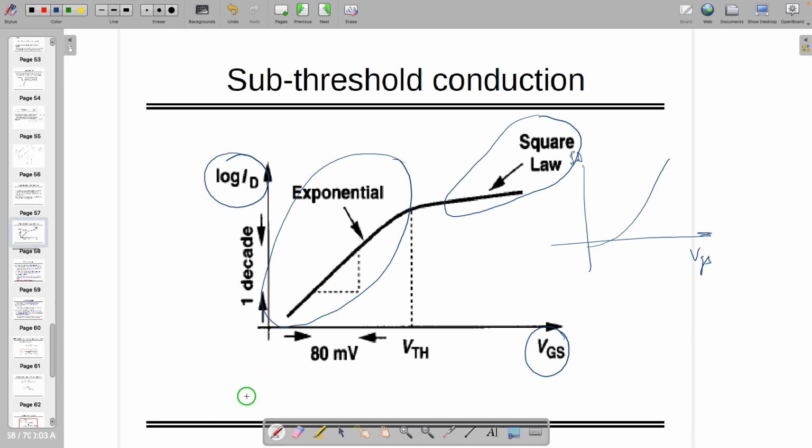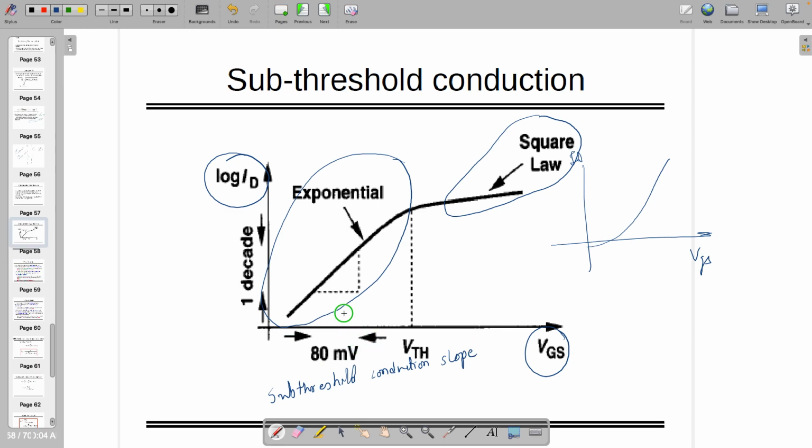This particular term is very important to all device engineers. You should have a very good, high subthreshold conduction slope so that the device is qualified as a good device. That's the thing.